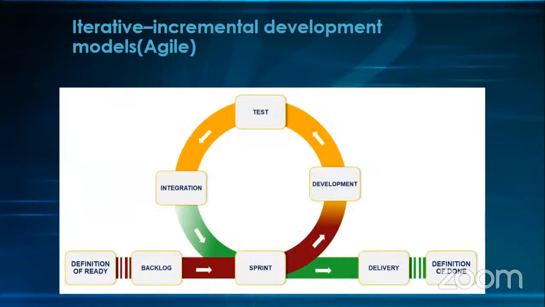So I took this picture again to make us know how things are done, mainly from the Agile model, for us to have a view of it. We start from the definition of ready. There's a backlog where all the things that we want to do are stored.